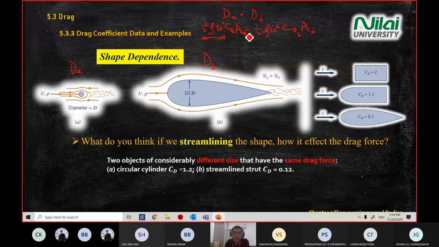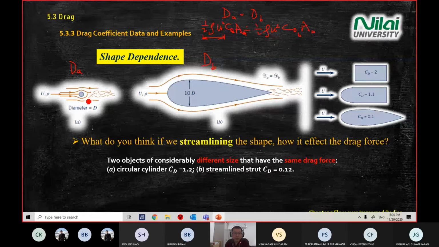So if you want to have the same CDA on the left, you must balance with the CDB on the right. Okay, so it's logic. For case 1, you have the CD value higher than the CD value for the right hand side diagram, because these two values must be the same.